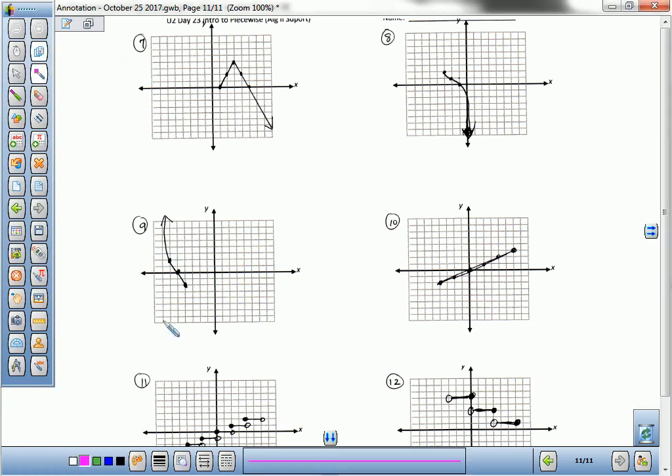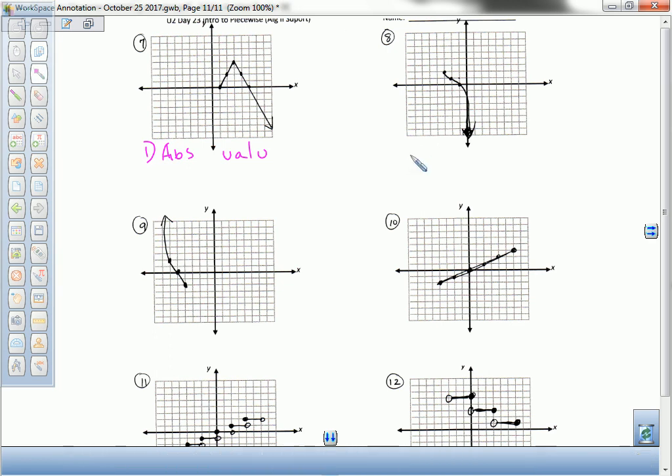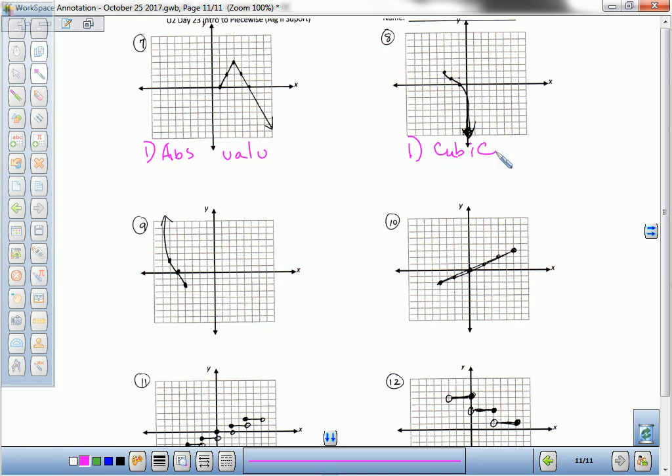Okay, alright. I can tell from the communication we're ready to go. Alright, number 7. Did you decide it was absolute value? Yes. Okay. Alright, number 8 is a cubic. It's only part of one, but it's a cubic. Number 9 is also a cubic.